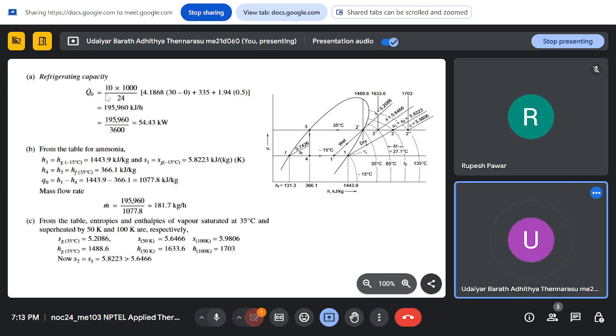So the refrigeration capacity we will get from the water.